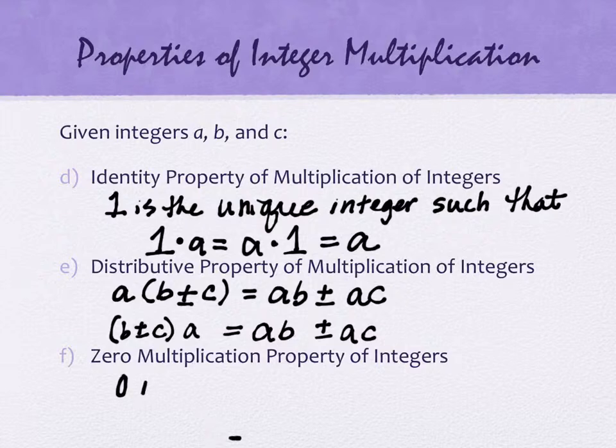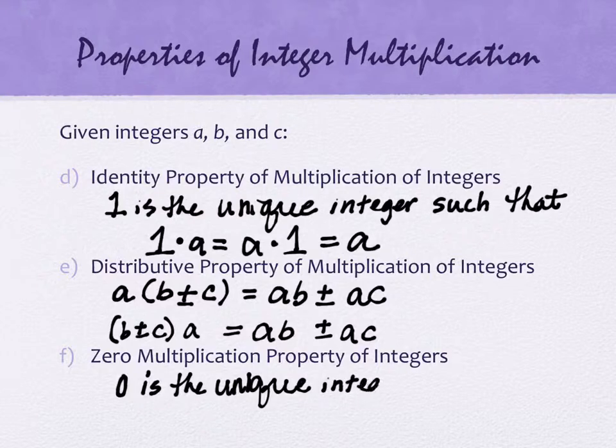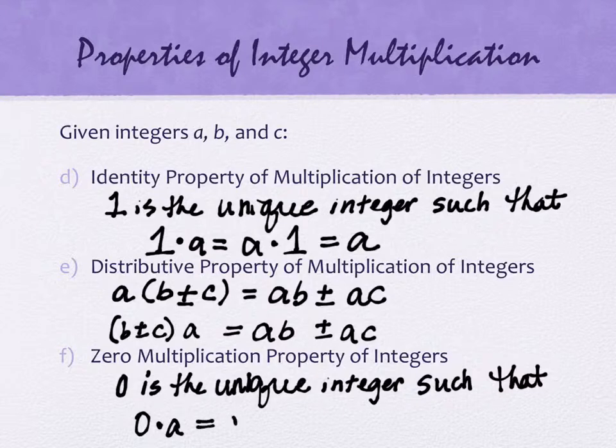So 0 is the unique integer such that 0 times A equals A times 0, which equals 0.